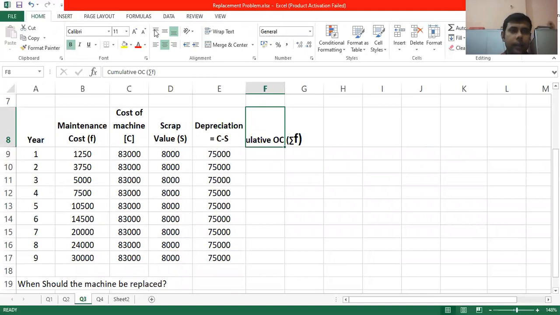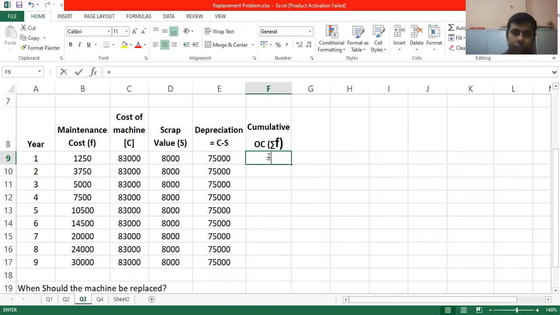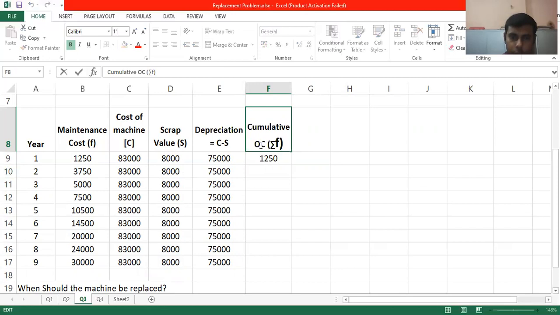I'll wrap text. Fine. So cumulative is for the first maintenance cost. I should write it as cumulative maintenance cost, right? Because in the problem it is given as maintenance cost and not the operating cost.